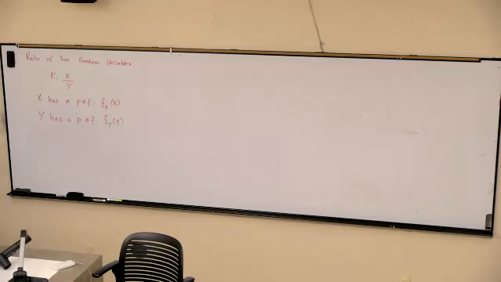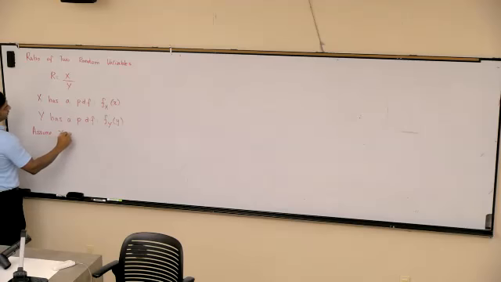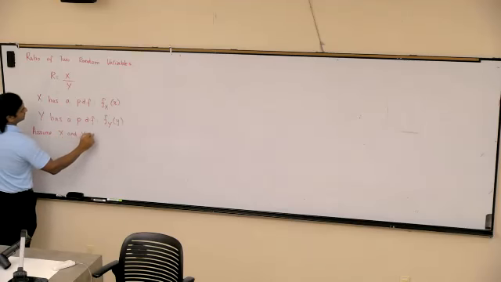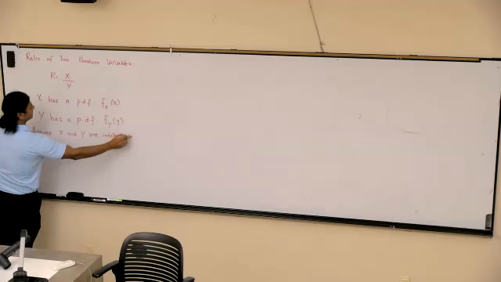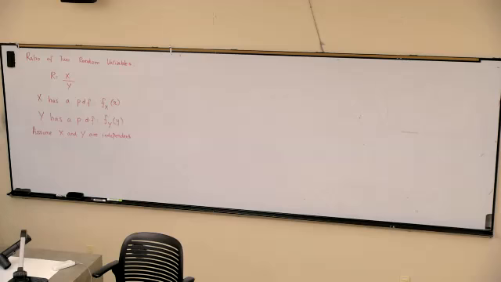I am going to assume that X and Y are independent. And we want to find the distribution of the ratio of the two random variables.